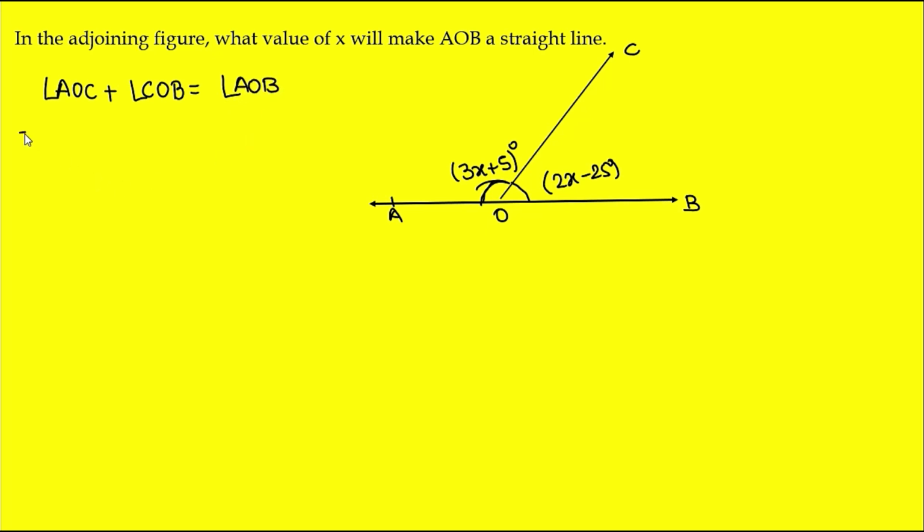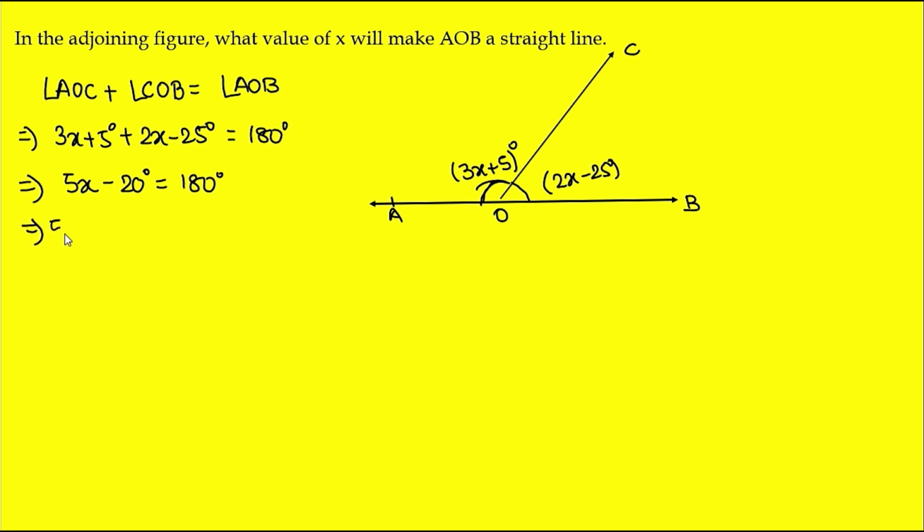Okay, so angle AOC is how much? 3x plus 5, and COB is how much? Twice x minus 25 degree, that is, this gives you 180 degree. So this is 5x minus 20 degree, that is 180 degree, right?